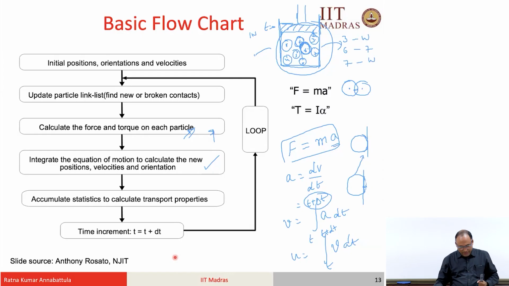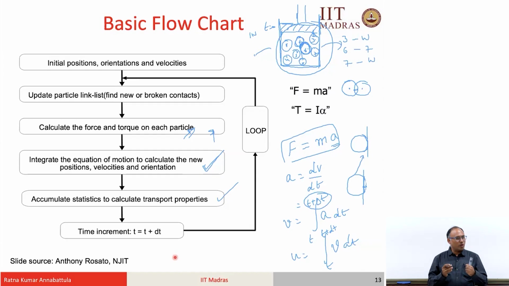Then you calculate the new positions and accumulate the statistics to calculate transport properties. What do I mean by that? Basically identifying the macroscopic stress, the macroscopic strain, the coordination number at that particular instance, the packing fraction at that instance, and the fabric at that instance.